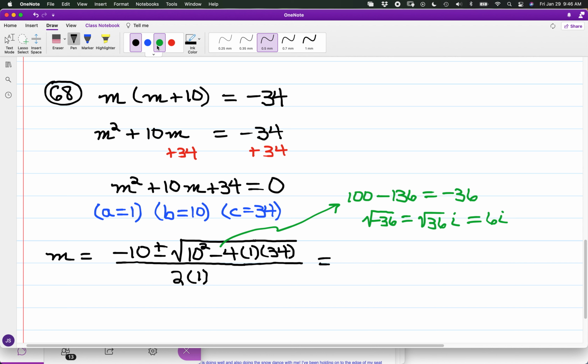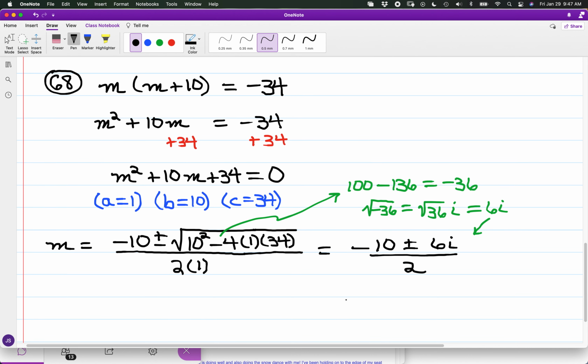And so, putting this back, we're going to have negative 10 plus or minus 6i all over 2. We have even valued leading coefficients, so negative 10 plus or minus 6i are both completely divisible by 2.